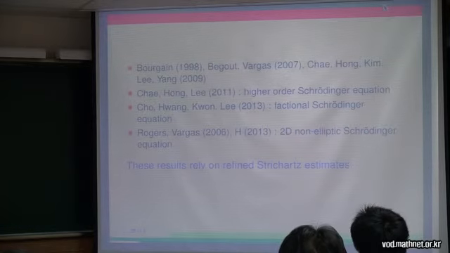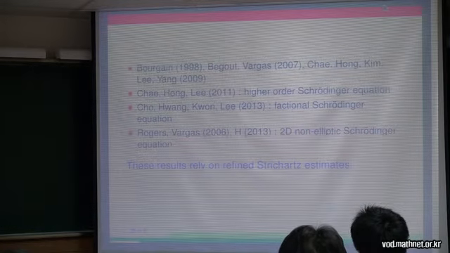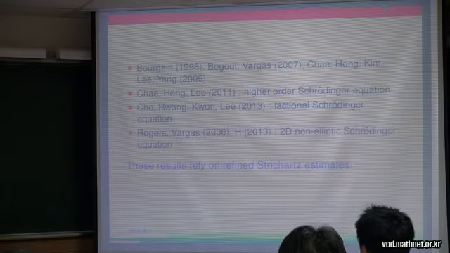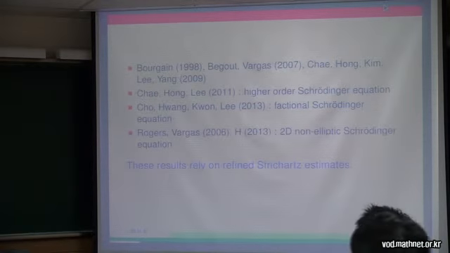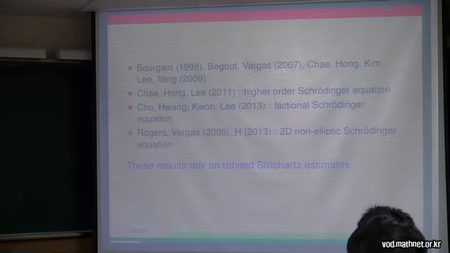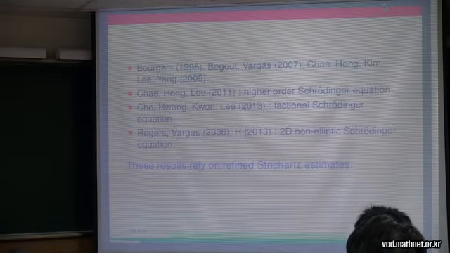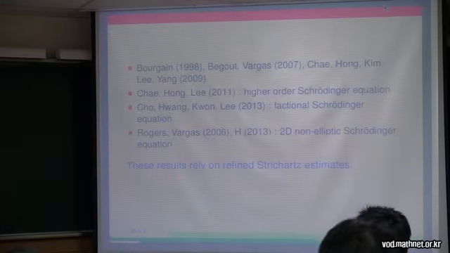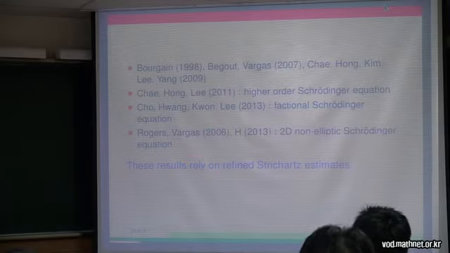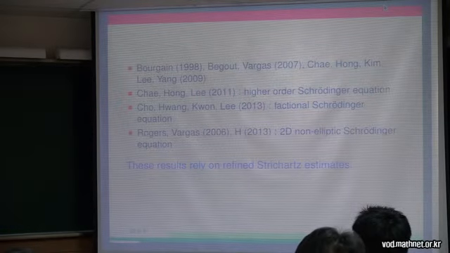For the two-dimensional non-elliptic Schrödinger equations, there are also results, and there are no results about the higher dimensional non-elliptic Schrödinger equations. These results rely on the refined Strichartz estimate.